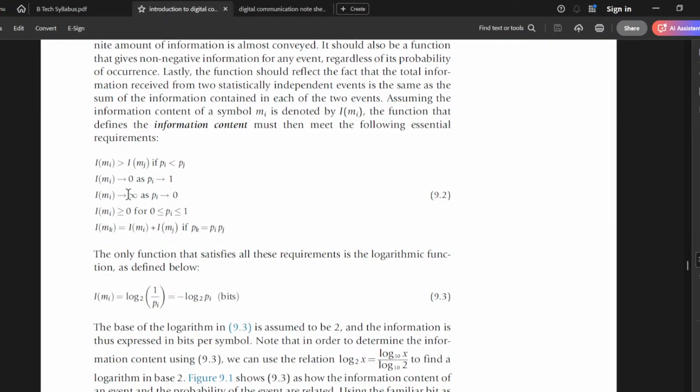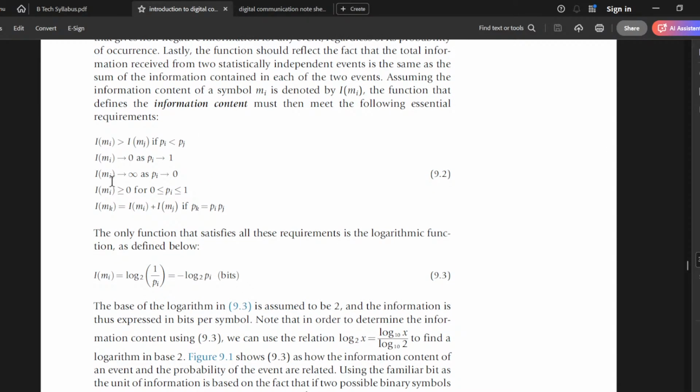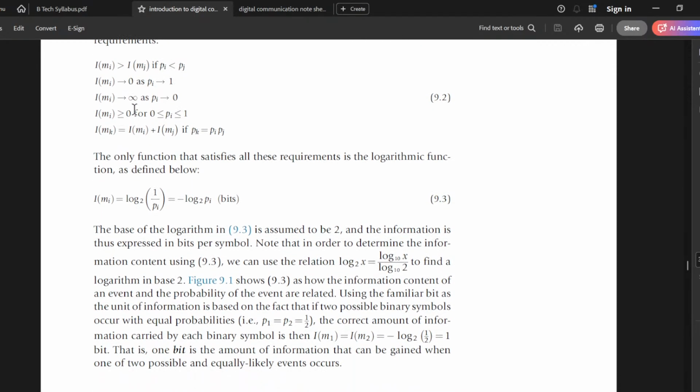If the info tends to infinity, the probability tends to zero. It should be non-negative, and the probability should be between 0 and 1, and the sum of the information is equal to the total info transmitted, and the sum of probabilities should be 1. So these are the three rules, three conditions.